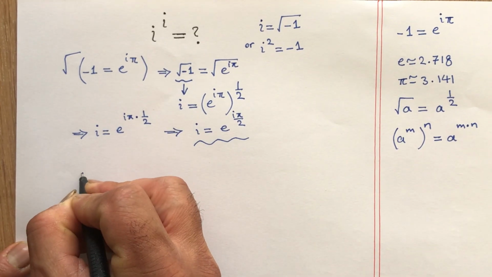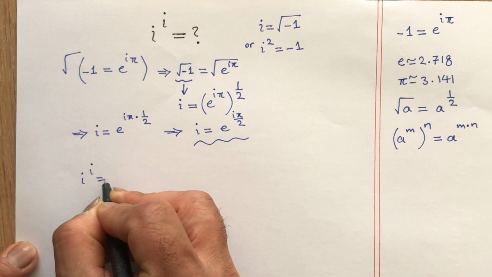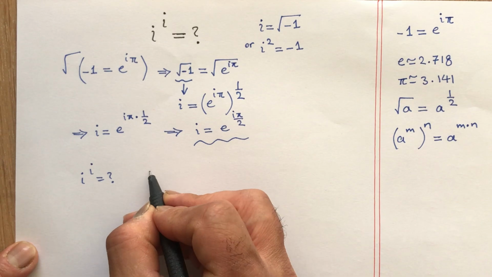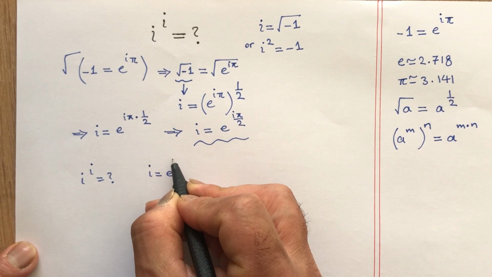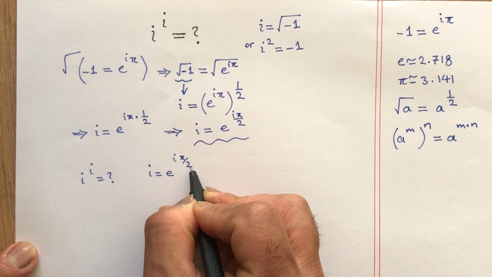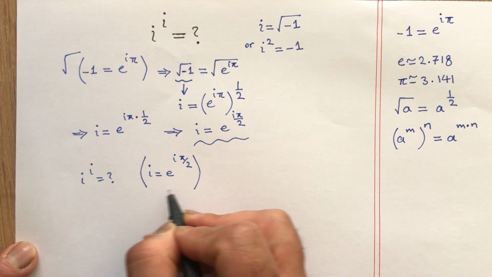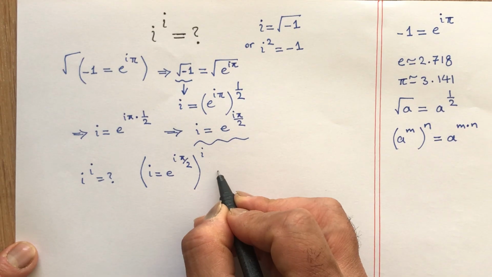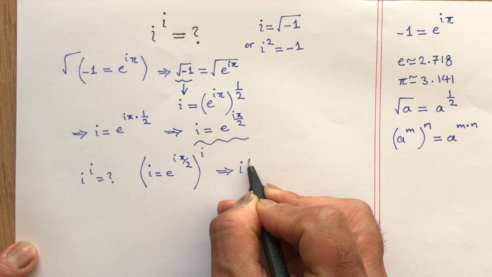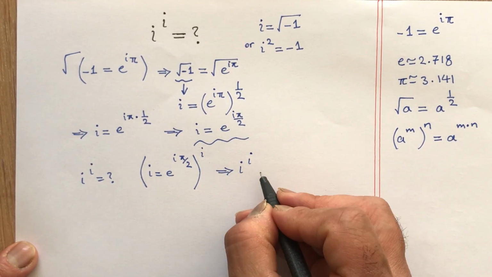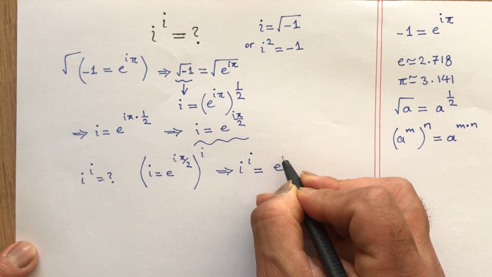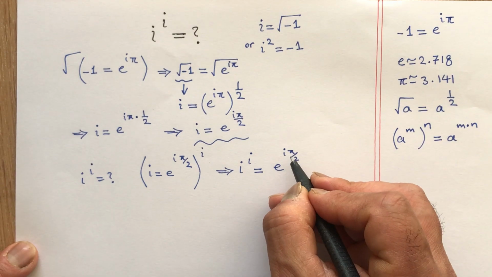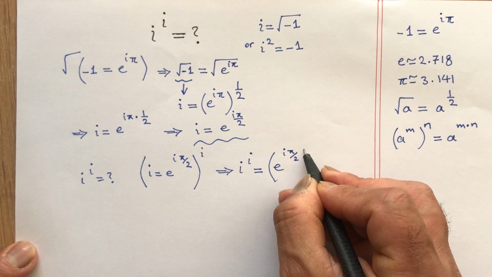So, if we use this new form and raise both sides of the equation to i, then i to the power of i equals e to the power of i pi over 2, all raised to i.